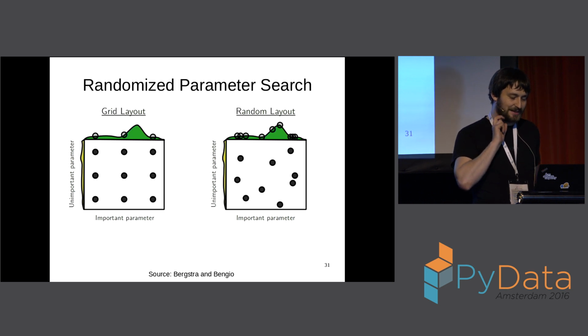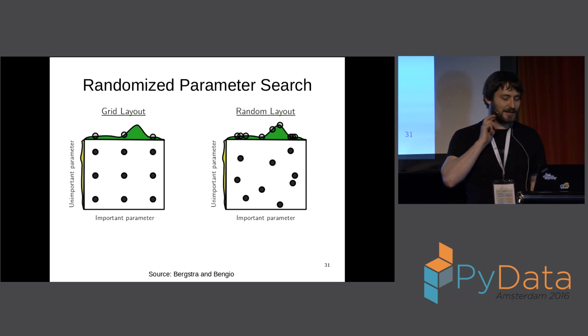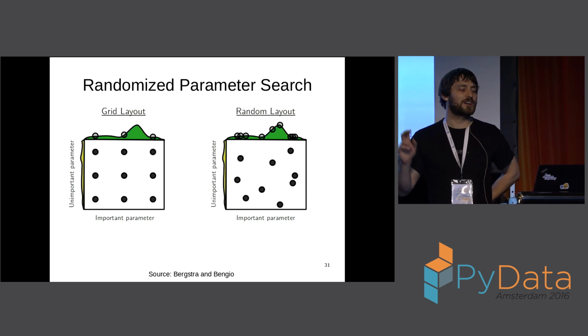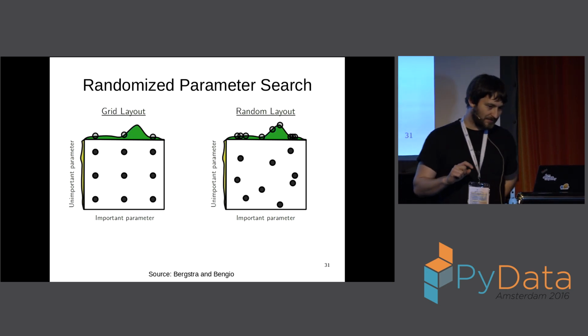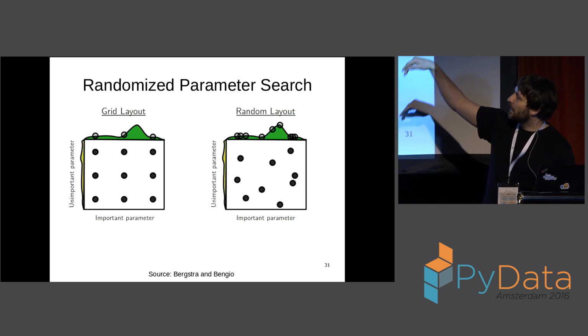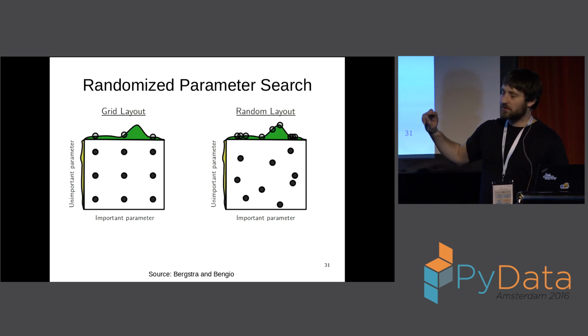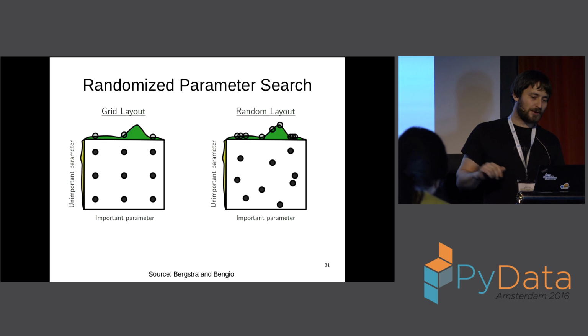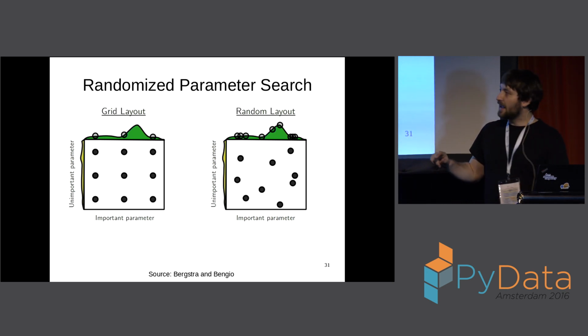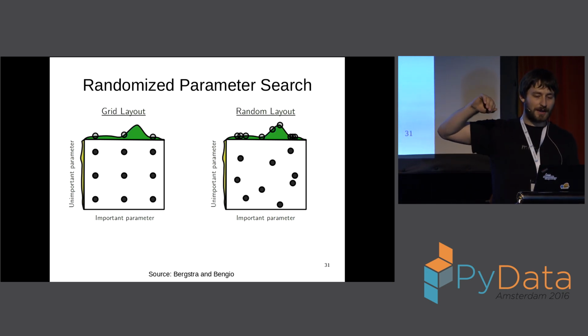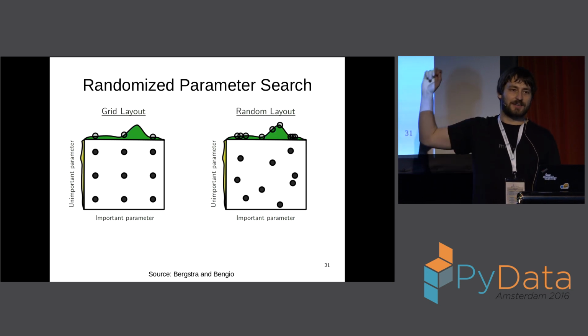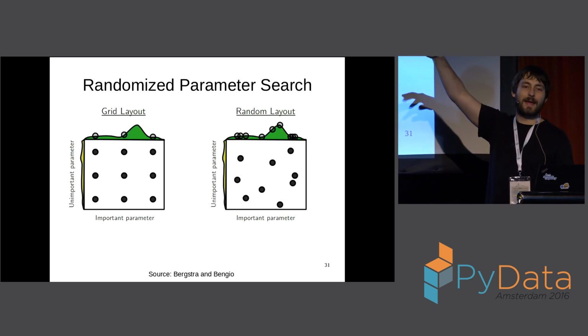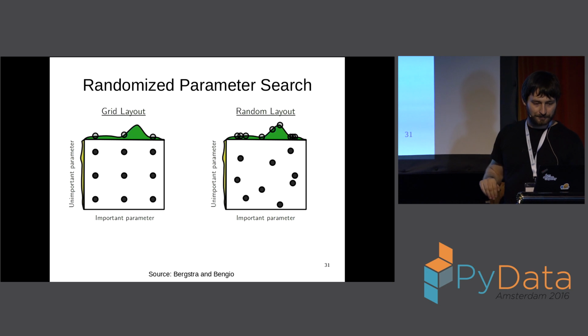Here is a figure that I love from a paper by Bergstra and Bengio about why randomized parameter search is awesome. On the left, you see a grid search. You have two parameters, the important parameter on the x-axis and the unimportant parameter on the y-axis. The function you want to maximize is this green function, which is like accuracy, and it only depends on the important parameter.